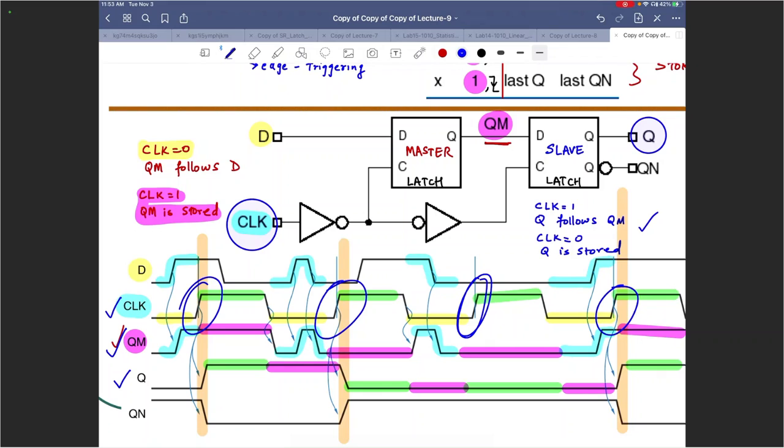If clock stays on and QM changes, will Q stay unchanged? If clock stays on, Q will not change, nothing will change. In order for flip-flops to be able to change from one state to the other, clock has to go low, high, low, high. It has to have an edge. In this case, it has to have a positive edge.